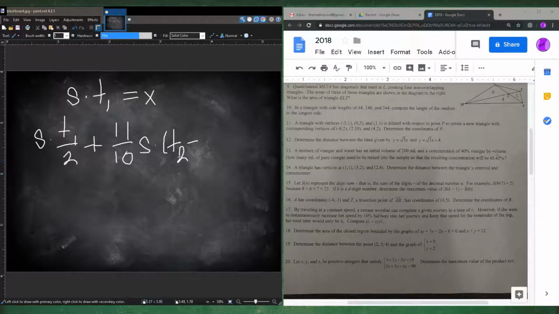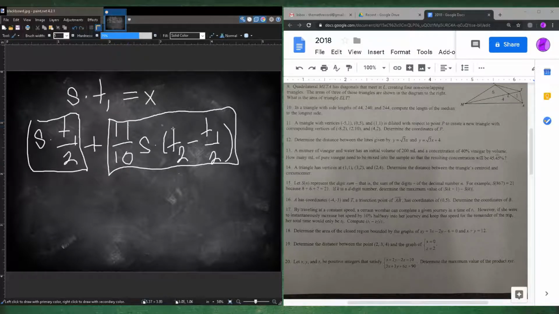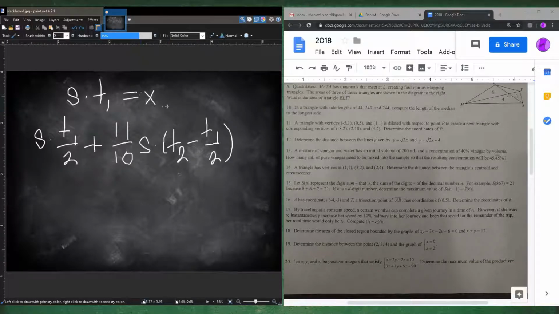Then this thing would give the time for the 10%. So this will give us the distance halfway when you're going the original speed, and this will give us the distance for when you're traveling at the 10% increased speed. So basically, you're traveling the same distance again, which is x.